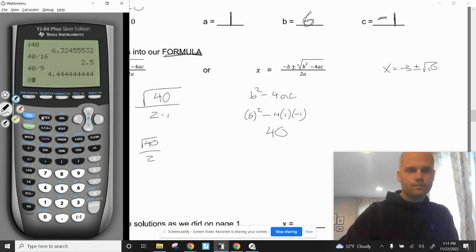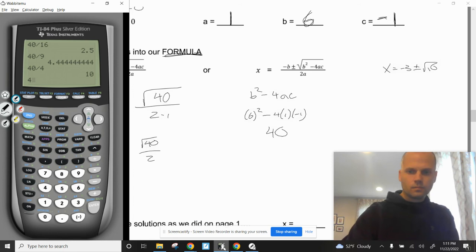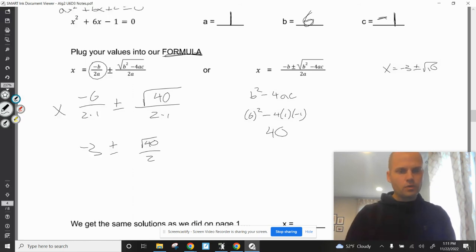It's 4. So 4 times 10 is 40. So root 4 root 10 is root 40. And the square root of 4 is 2.